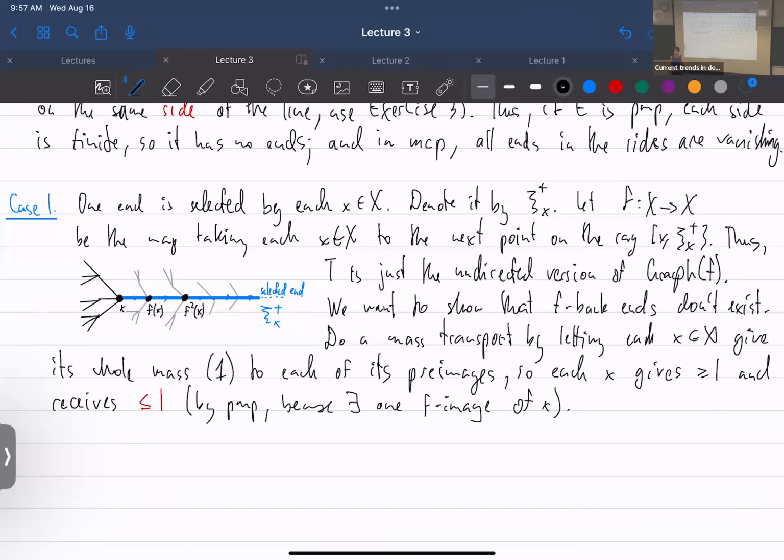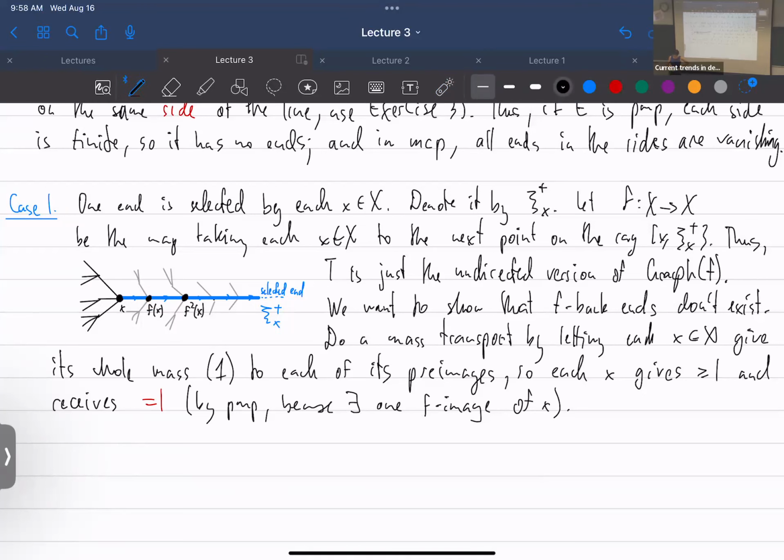And by PMP, it's still mass 1. In non-PMP, another point could have weight a million, and it would give a million to x. Yes, how can it do less? It can be less, so then it gives less. Oh, because maybe this point decided to give it to this other guy instead of x. Oh no, right, it's always 1. Sorry, you're right. It receives 1. Okay, this is the PMP.